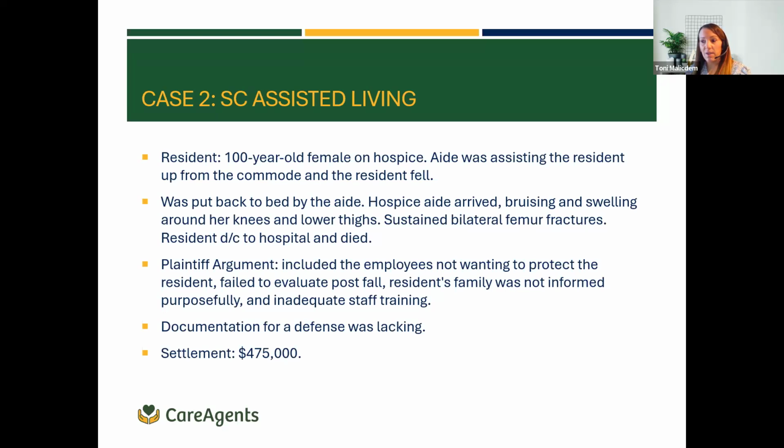The resident ended up having bilateral femur fractures. The resident went out to the hospital and unfortunately passed away the next day. So the plaintiff argued that the employees did not want to protect the resident, that the staff failed to assess the resident post fall, that the resident's family was not informed purposefully, and there was inadequate staffing.